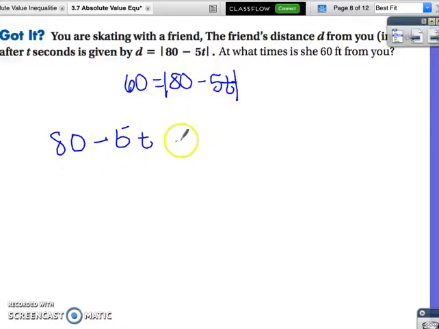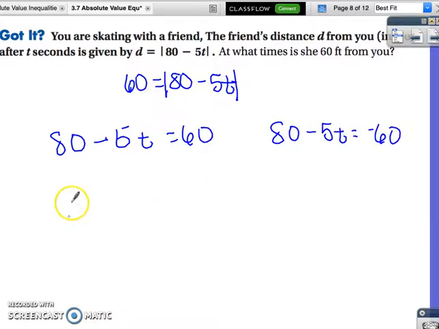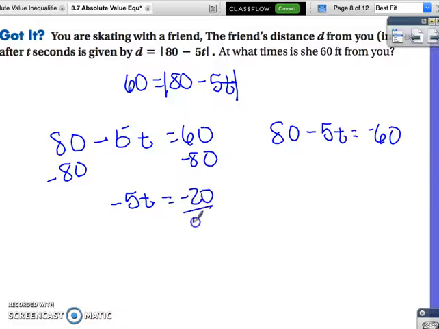So 80 minus 5t equals 60, and 80 minus 5t equals a negative 60. And then I'm going to solve. Subtract 80 from both sides. I have negative 5t equals negative 20, and divide by negative 5. t is equal to 4.